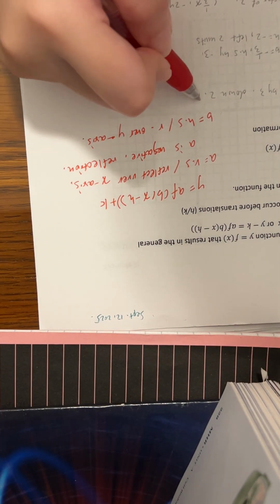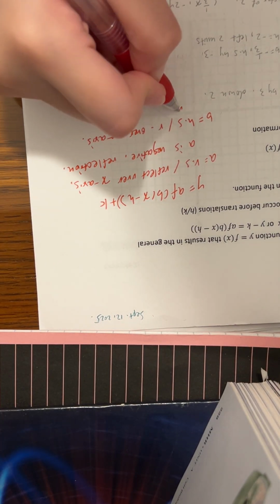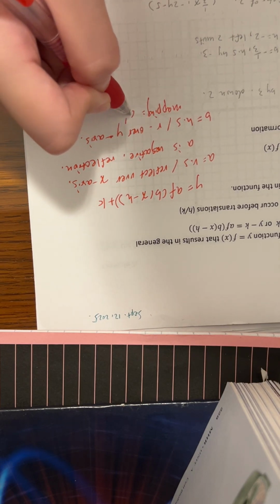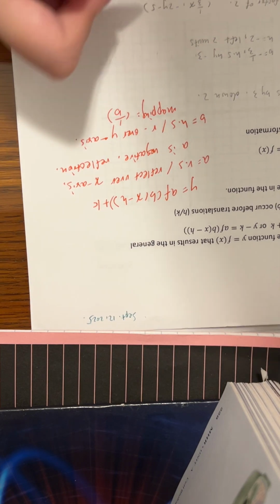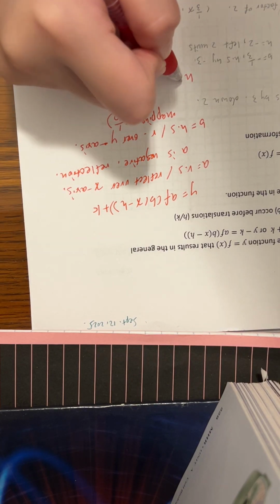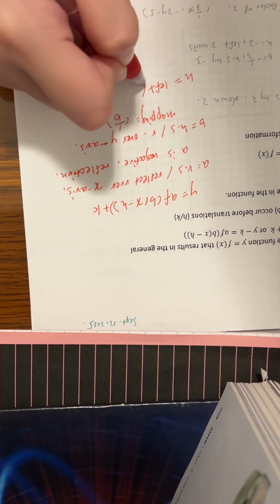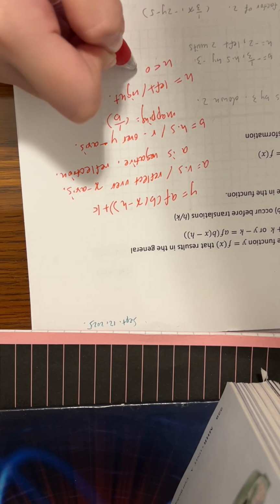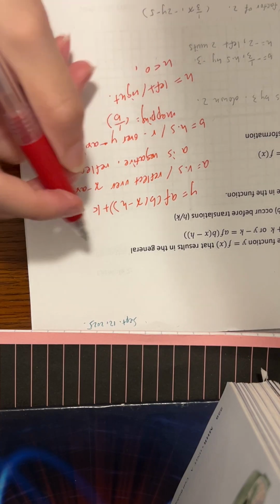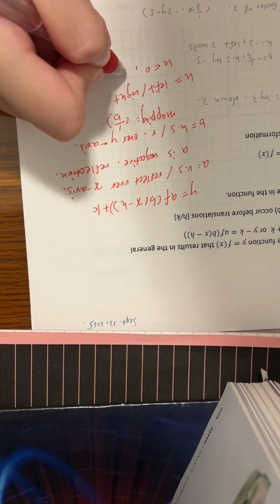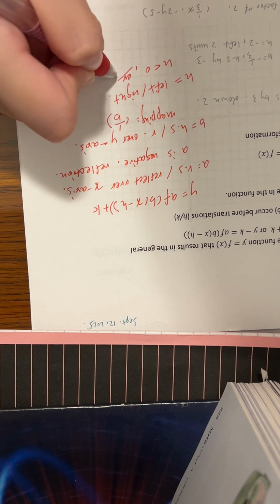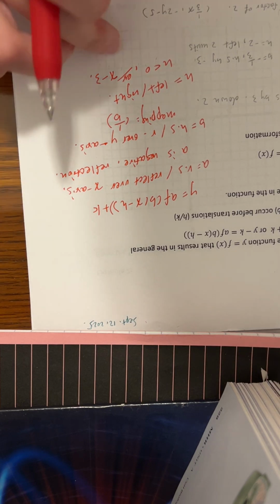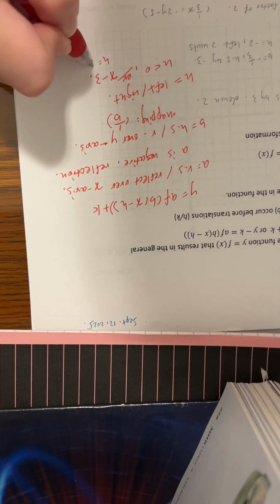And for b, we do mapping. It's going to be 1 over b. H is left or right. If h is smaller than 0, like in the equation x minus 3, h equals negative 3.